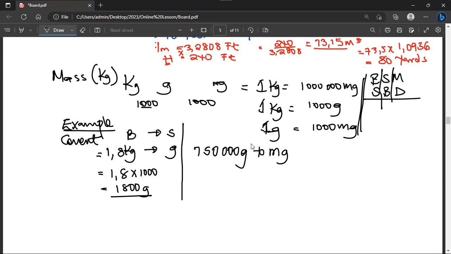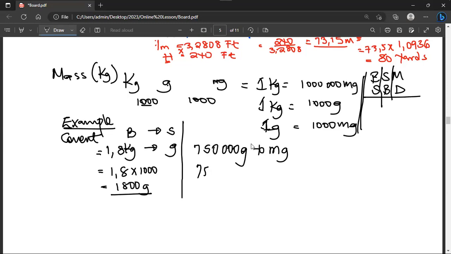We are going to multiply, which will become 750 million what? Milligrams. All right.